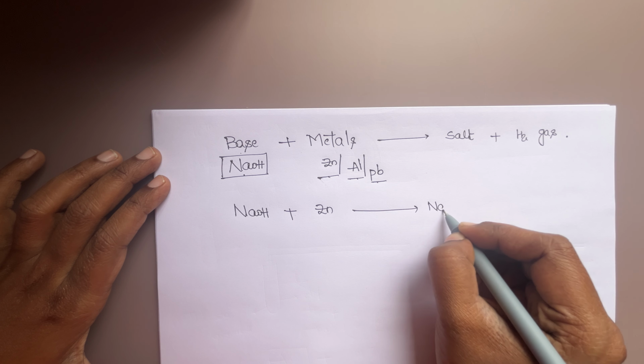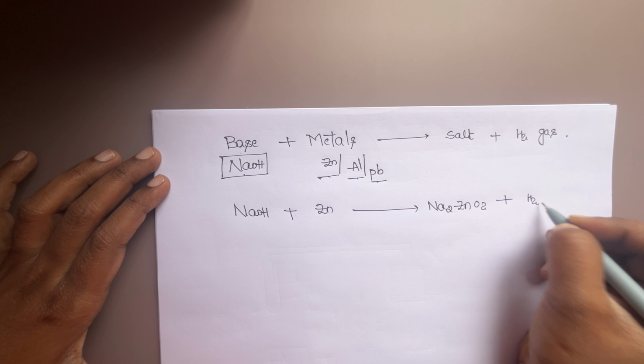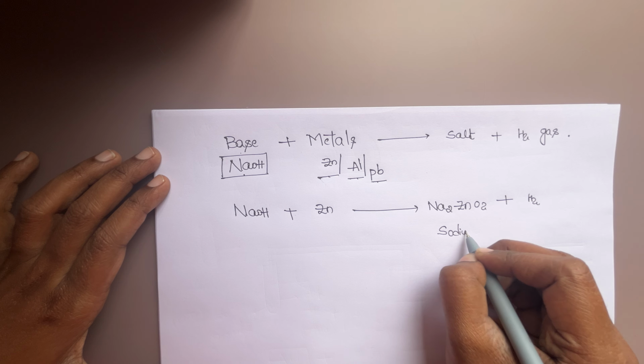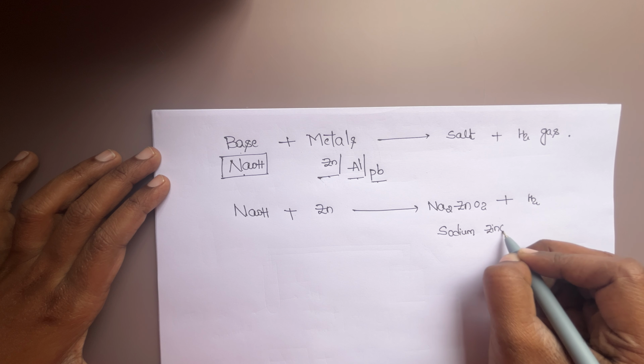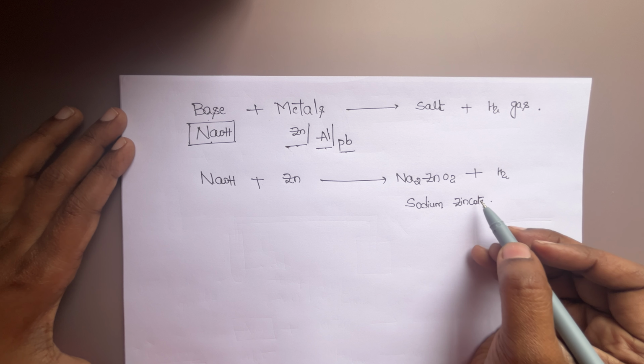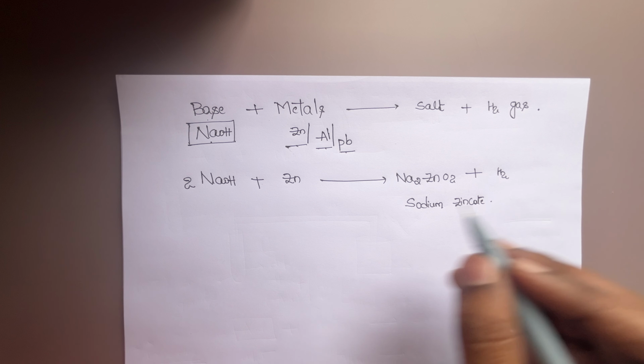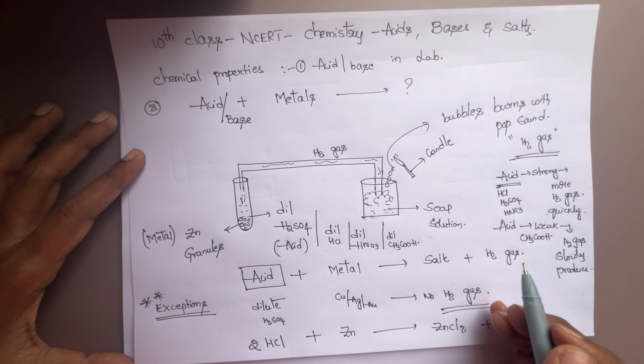It forms sodium zincate plus hydrogen gas. In examination they may ask what is formed: sodium zincate is formed. To balance this, we have one zinc atom, 2 sodium, 2 oxygens, 2 hydrogens. Hydrogen gas is produced in this.